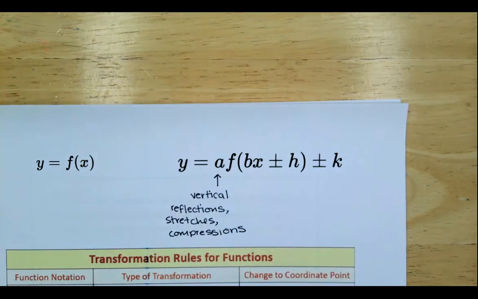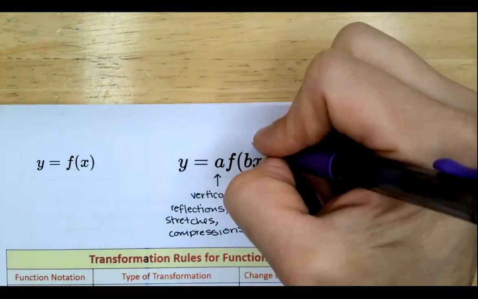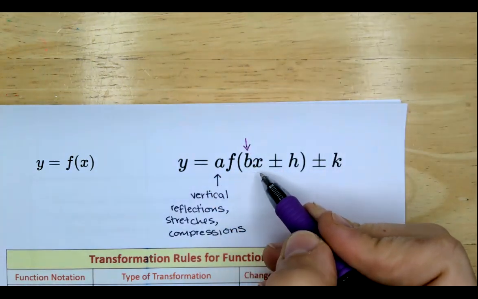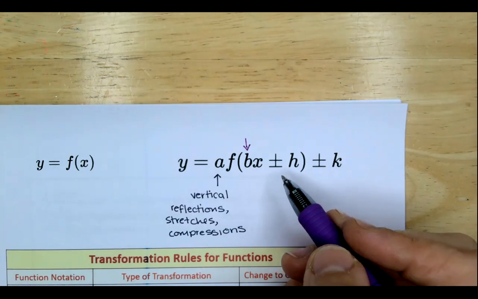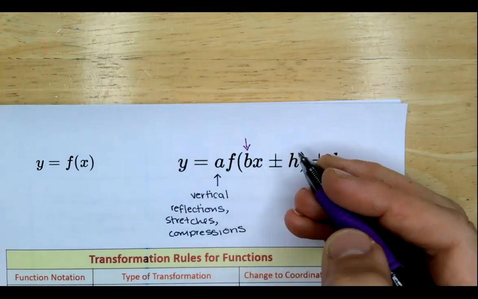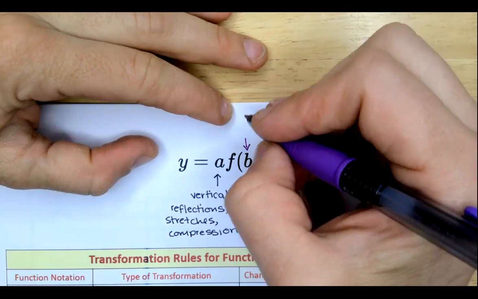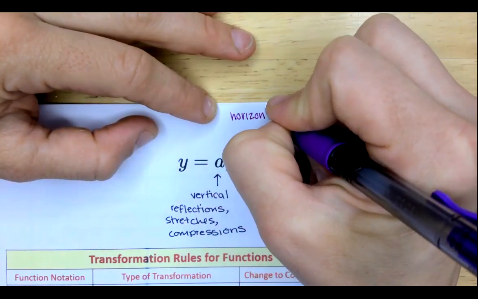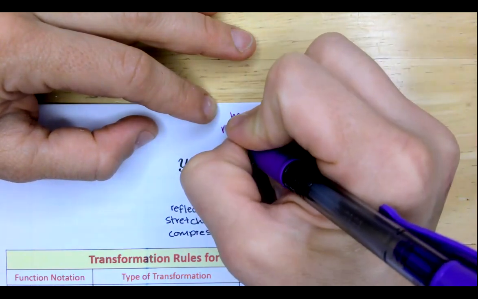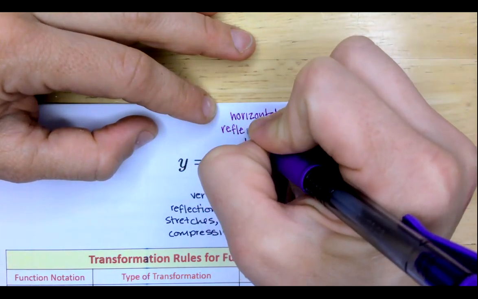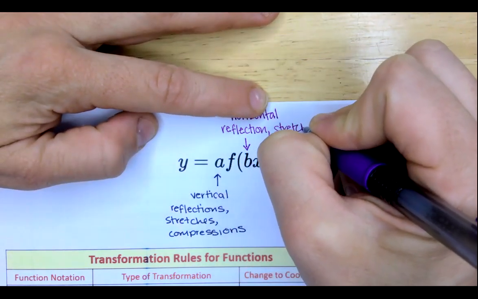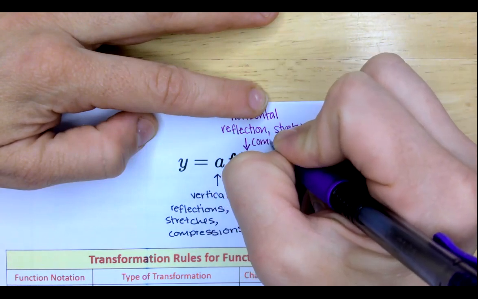If inside the parentheses you put a number next to the x, which means obviously multiplication, then that is going to be a horizontal reflection, stretch, or compression.